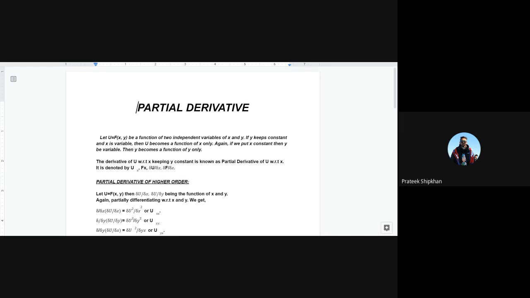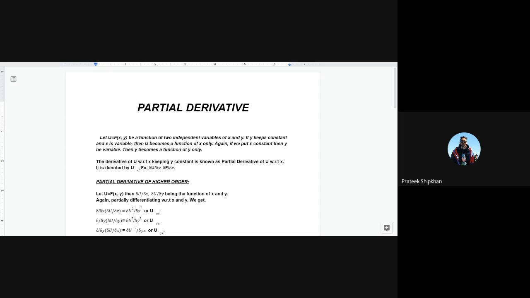Today we are going to solve a question of partial derivative, but initially we need to know what the partial derivative really is. Let's say I have u which is equal to the multivariable function like f of xy which has two independent variables.